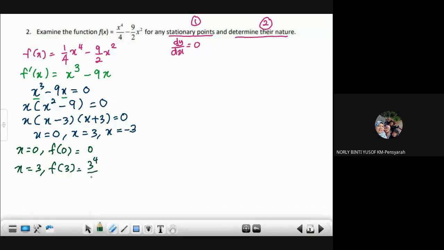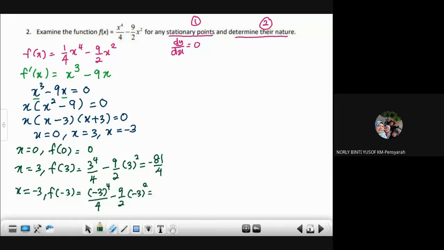You put in the function minus 9 over 2, 3 squared. So you got negative 81 over 4. You substitute negative 3 in the function. You will obtain the same value because the power is even. So you put in positive or negative, the answer is the same. Only the x is different, because the function has an even power.